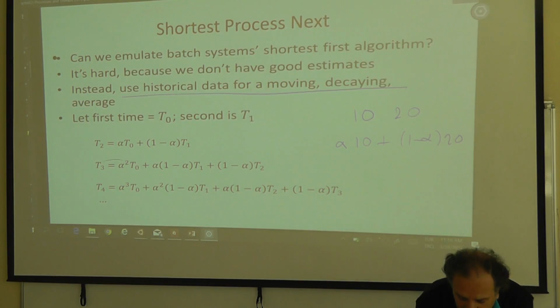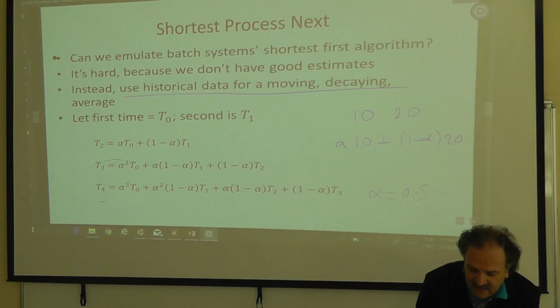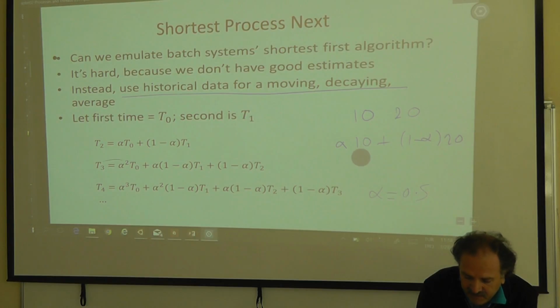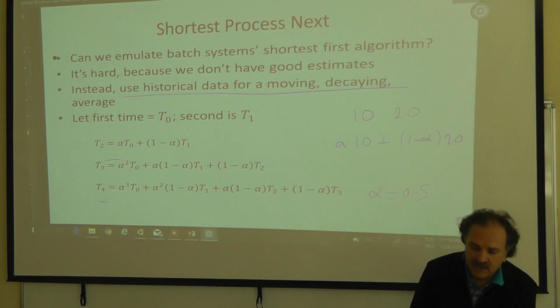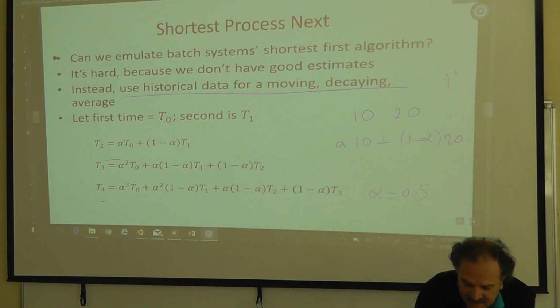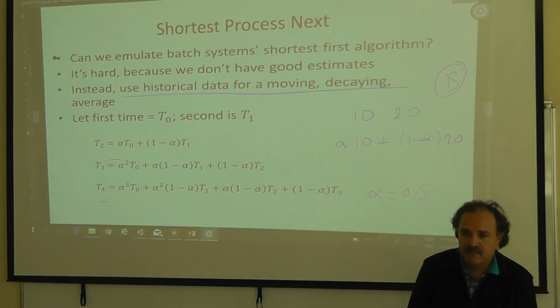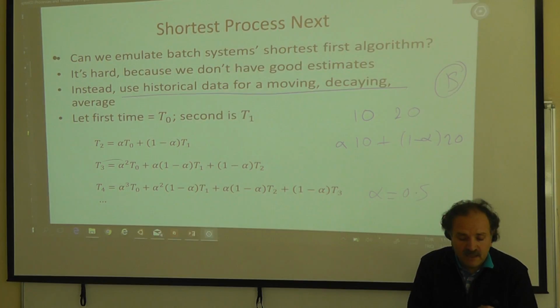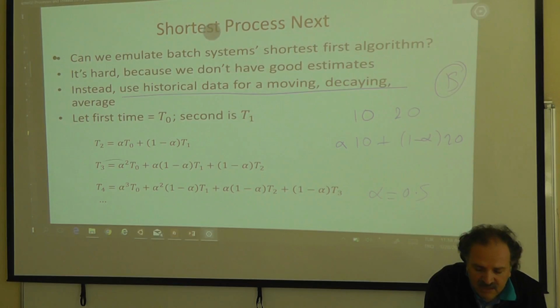If I set alpha to be 0.5, it will be 5 plus 10, so 15 milliseconds. I am expecting that my process will run 15 milliseconds. I can use this expected time to run a scheduling algorithm that lets the shortest process run next.